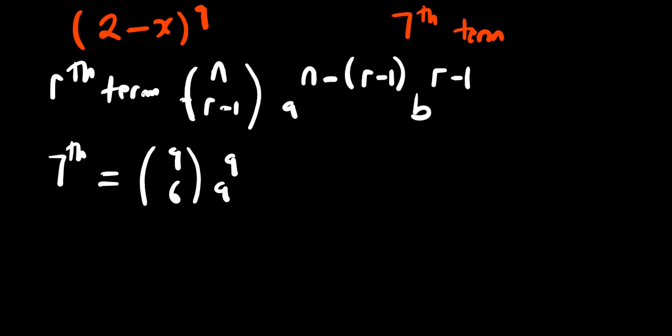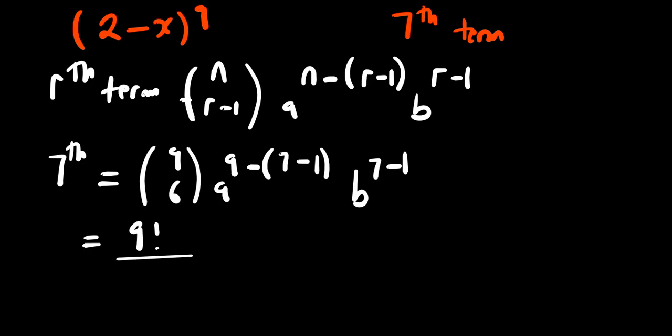Then I have my a. n is 9 minus r, and r is 7 minus 1. Then we have b to the 7 minus 1. When we solve this, that would be 9 factorial over 9 minus 6, that is 3, so 3 factorial, 6 factorial.